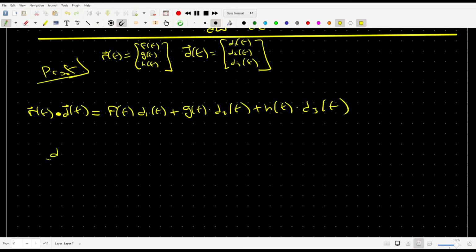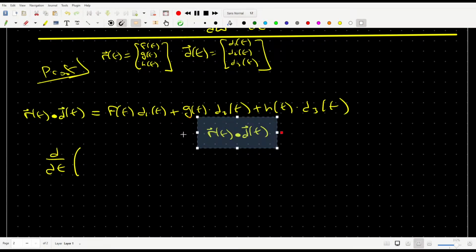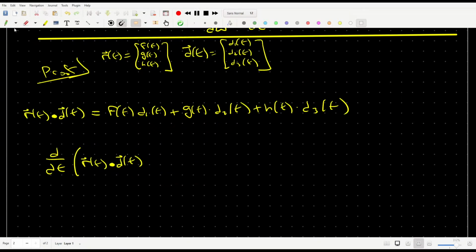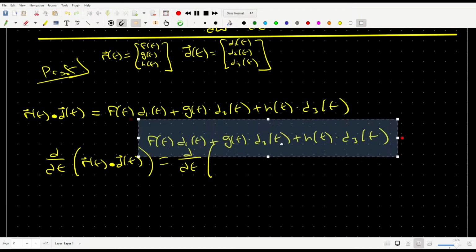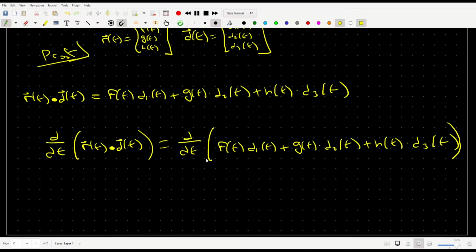Taking the derivative of this is going to be the same thing as taking the derivative of this entire expression right here, and the derivative of a sum becomes the derivative of each of the individual terms in the sum.